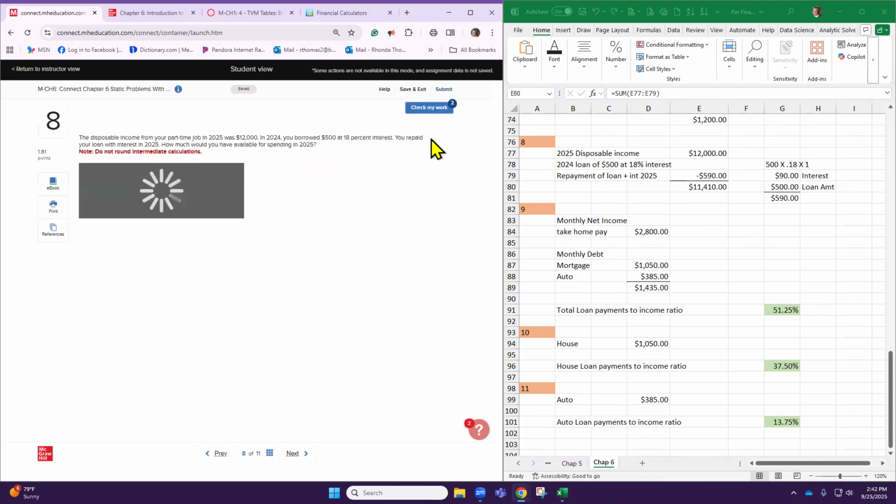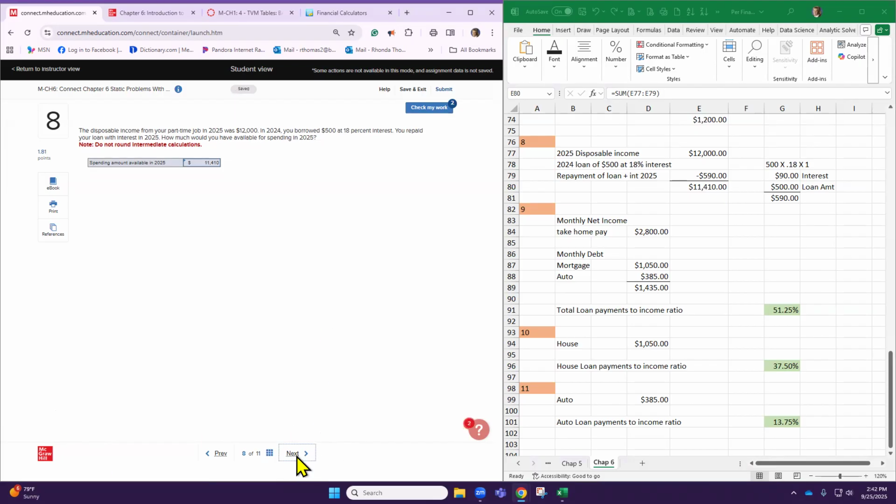You may have to limit your spending for a little while until you get the debt paid off. The amount she has available to spend, when you subtract the interest and the principal payment from 12 grand, is 11,410. Okay, let's go to number 9.